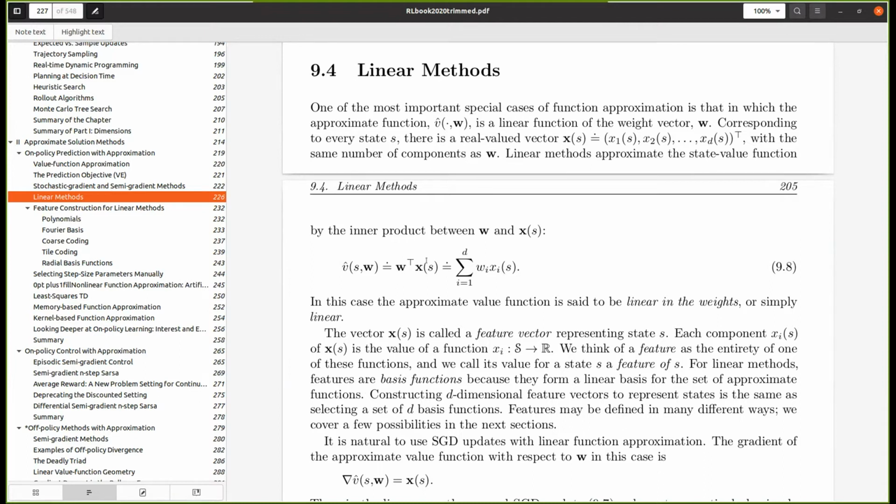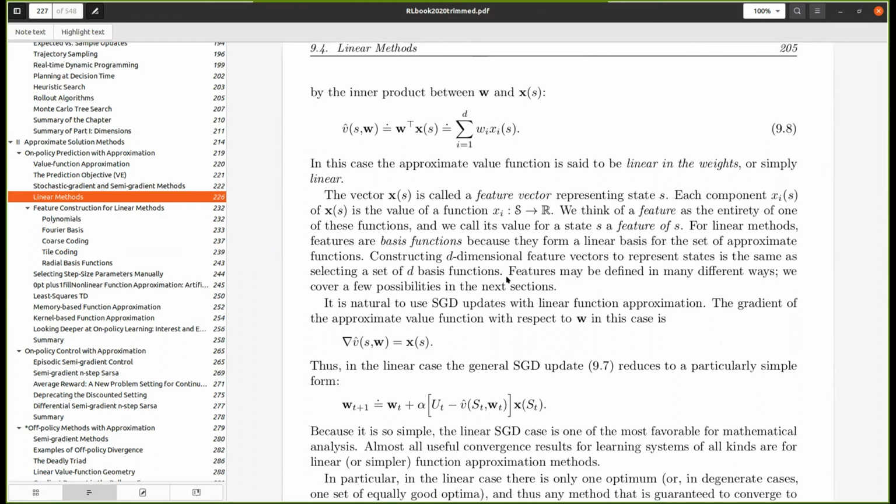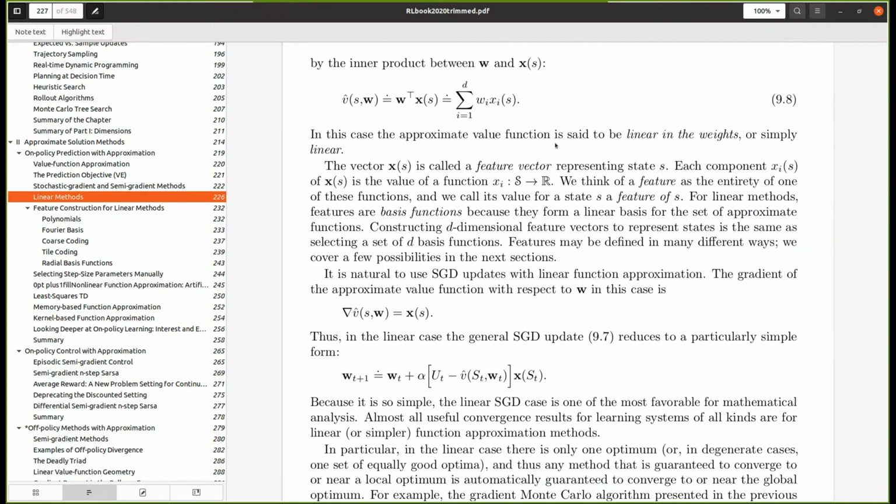So our state is encoded as some feature vector, and then we just take a linear combination of those features. Here we have a very important question, and that is behind most of classic machine learning: how do we design a good feature vector?